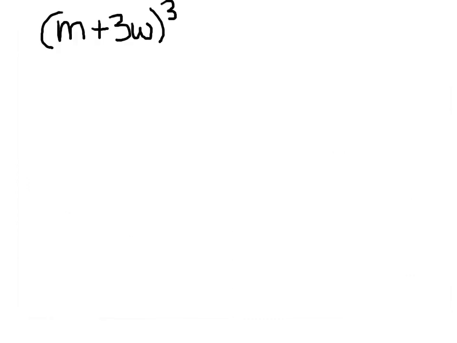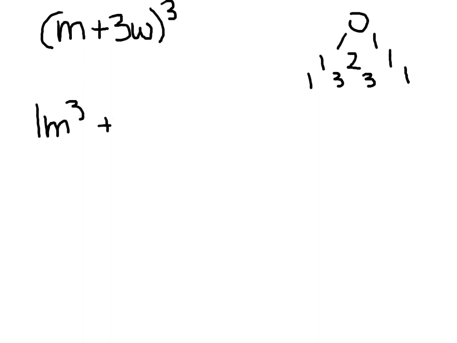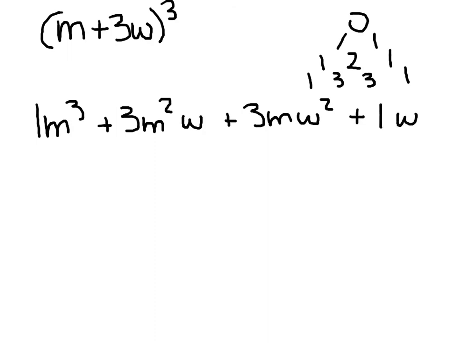Oh, what the heck, I figured I would do just one more. So this is a cubed problem. So there's our 0 row, here's our 1 row, here's our 2 row, here's our 3 row. Okay, so I'm going to write this as 1 m cubed plus 3 m squared w plus 3 m w squared plus 1 w cubed.